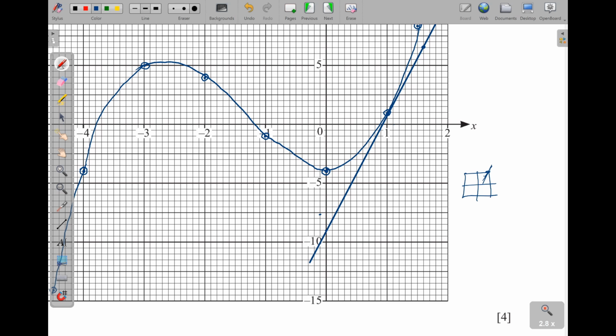I can even just find it just here. So then I can connect these 2 points here. I can make this one a little bit dotted, just like that.